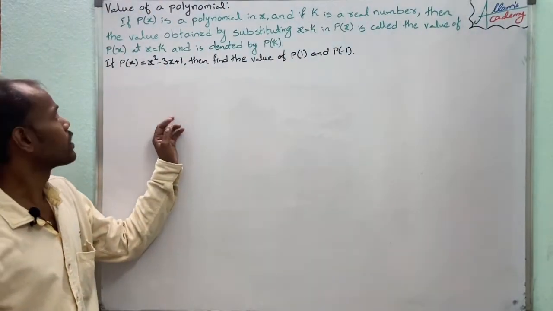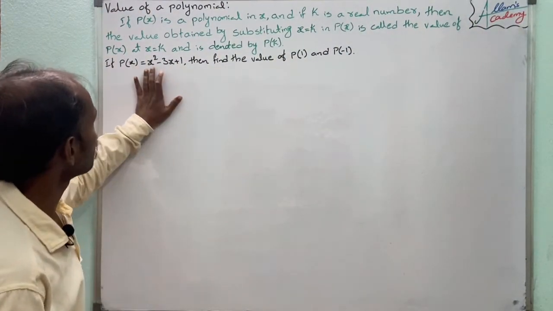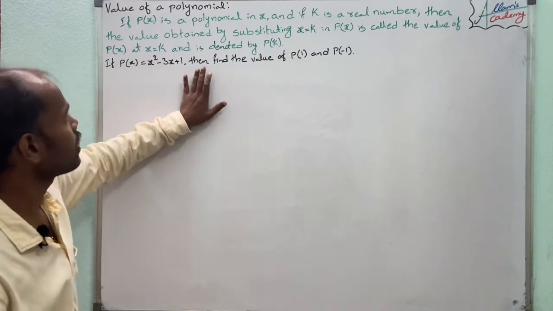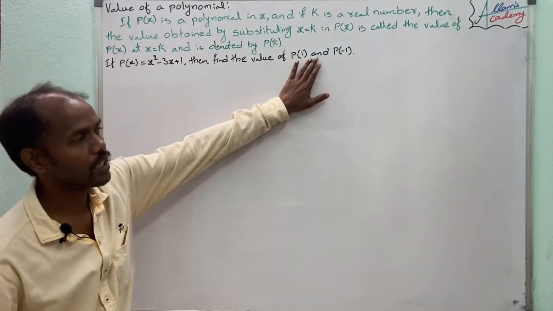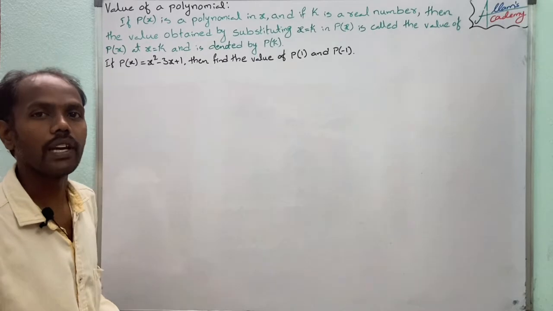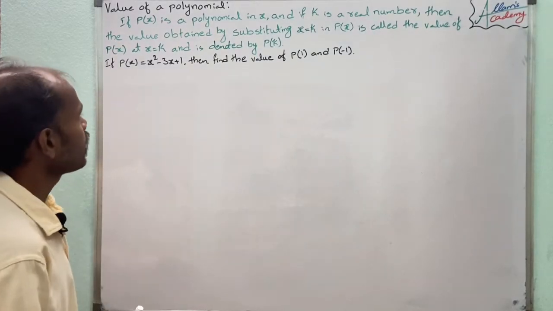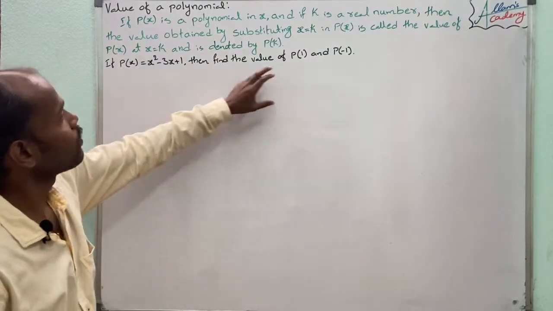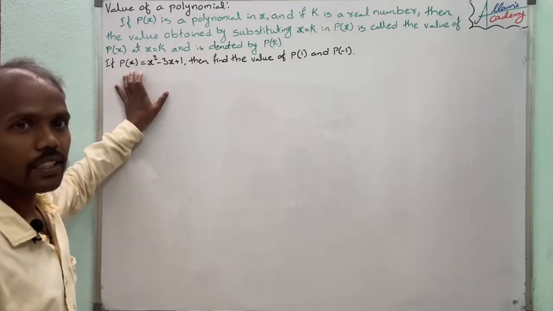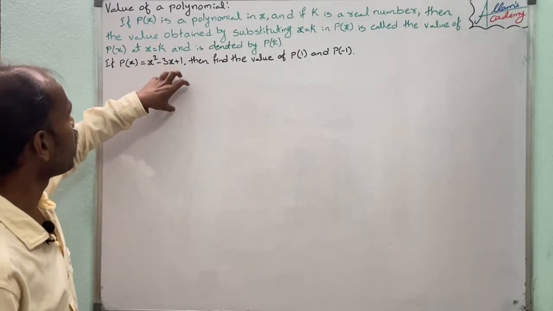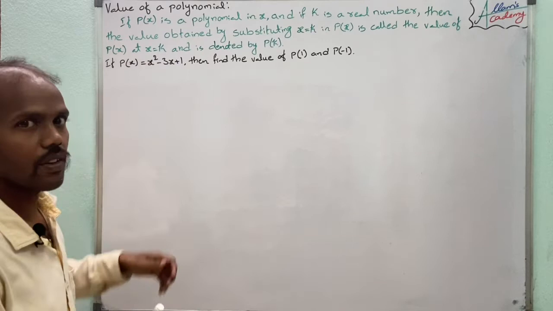The problem is, if p of x equal to x square minus 3x plus 1, then find the value of p of 1 and p of minus 1. So here in the x place we want to substitute 1, then we get the value of the polynomial at x equal to 1.